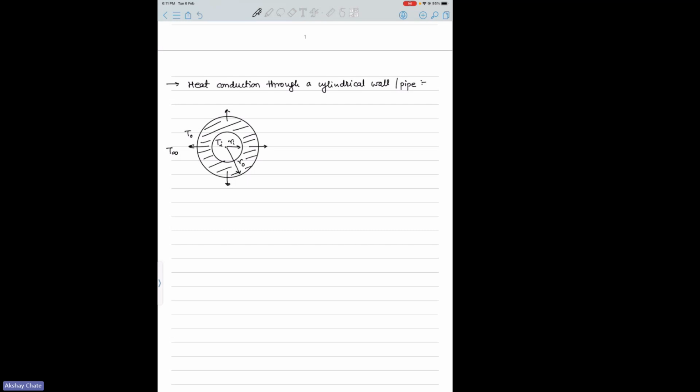But typically this is the case that we have. Let us assume this is a steady state 1D heat conduction in the radial direction, and no heat generation.